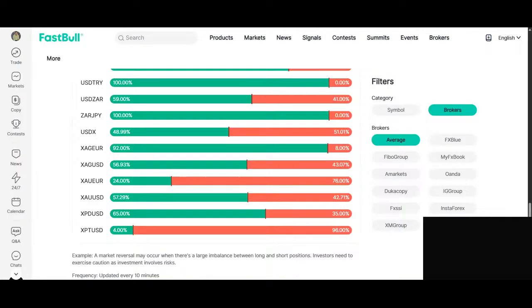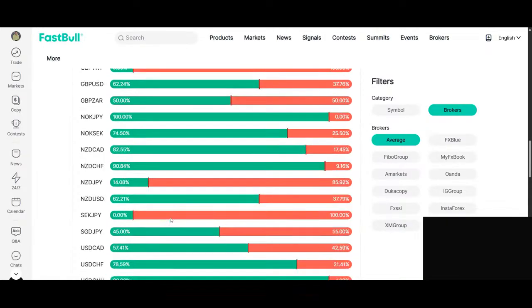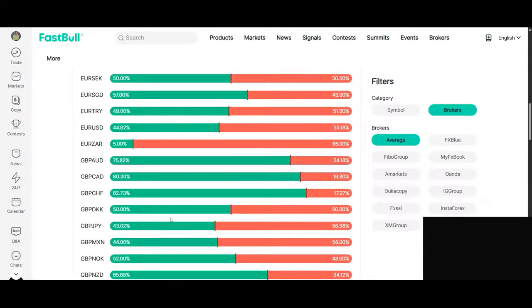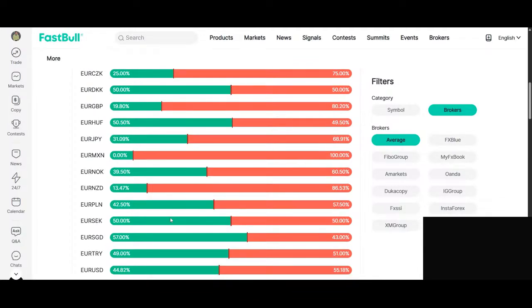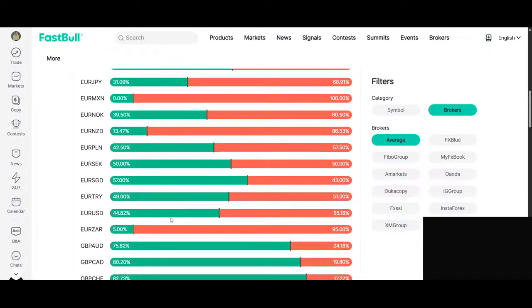Now Euro USD. Where is Euro USD? 45. I hate it. Yesterday Euro USD was buying, then it came back and sold. So also today expect the same move. You buy, then you sell.